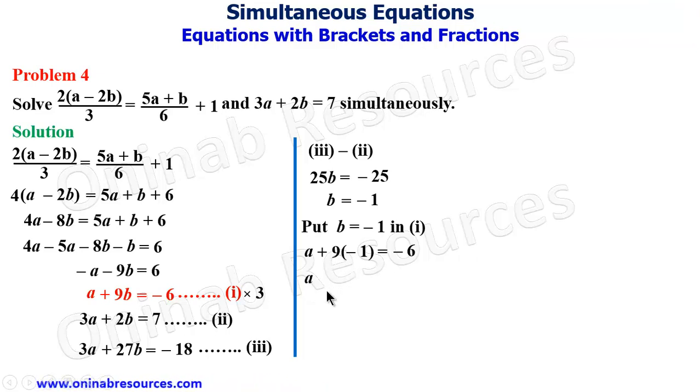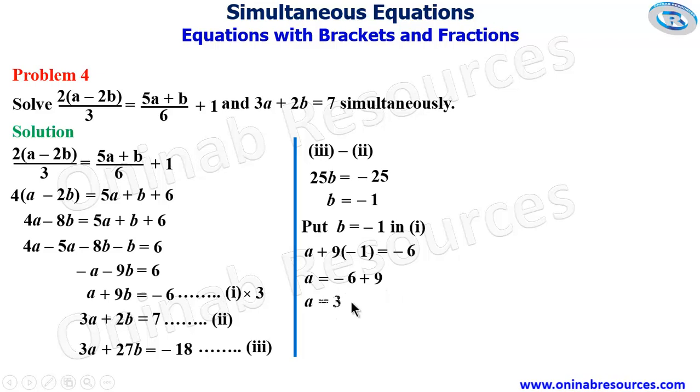So we have a is equal to negative 6 plus 9. Since 9 times negative 1 gives negative 9, going to the other side, it becomes positive. So a is equal to 3. And in coordinate form, we have 3, negative 1. And that's the end of solution to problem 4.